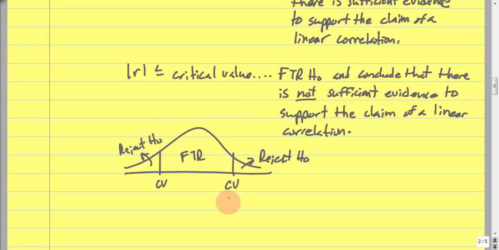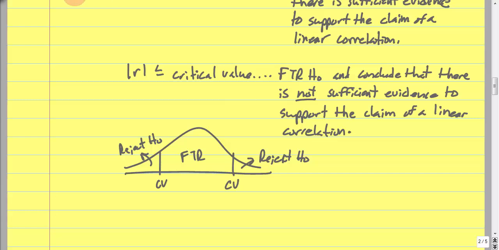Okay, so if we had, let's say, critical values of 1.234 and negative 1.234, well, I guess our critical values wouldn't be that large, because the largest our correlation coefficient can be is 1. So let's change these just to be consistent.